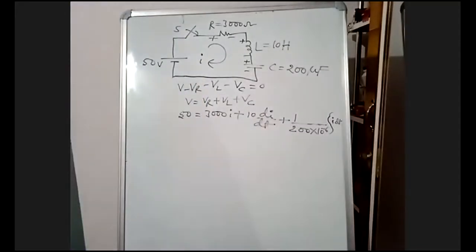V is equal to IR. VL is L into di by dt. VC is 1 by C integral of I dt.